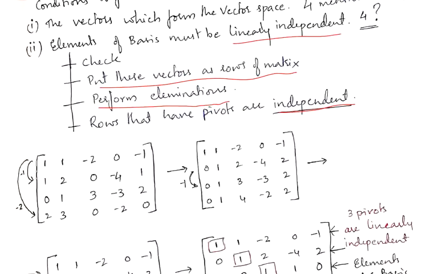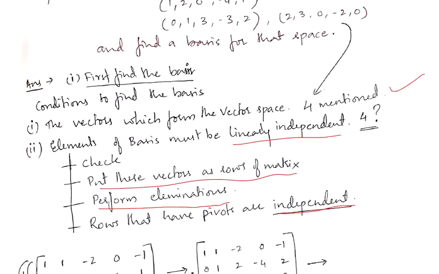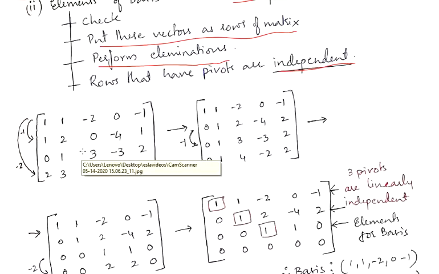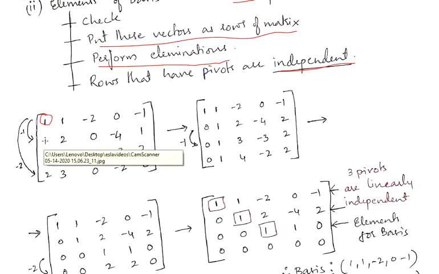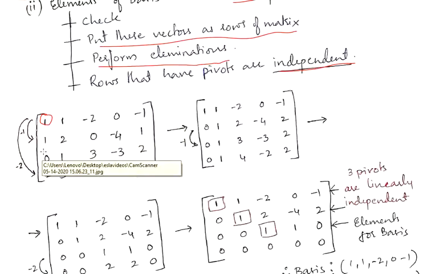Come here. I have taken all four vectors in a matrix form: 1 1 minus 2 0, minus 1 1 2 0, minus 4 1 0 1, 3 minus 3 2 2, 3 0 minus 2 0. Considering the first element as a pivot, I multiply by minus 1 with row 1 and add it to row 2. When we consider a pivot, it's our responsibility that all the elements under that pivot must be 0.